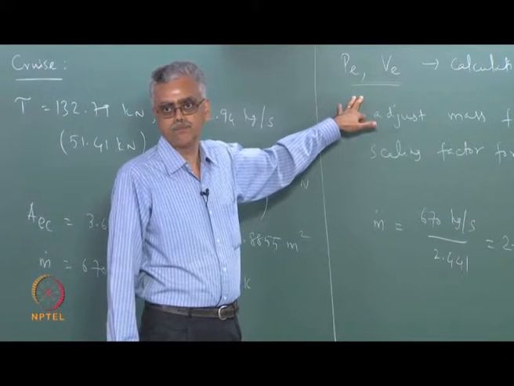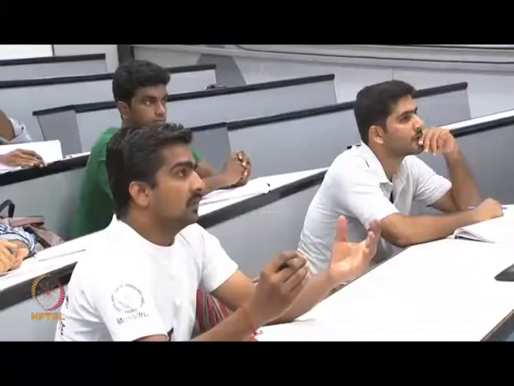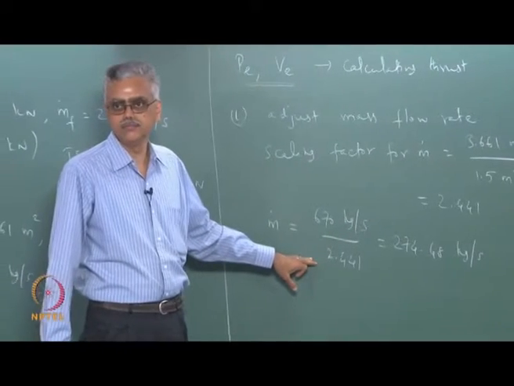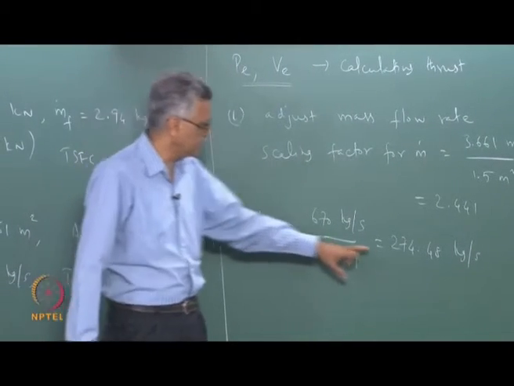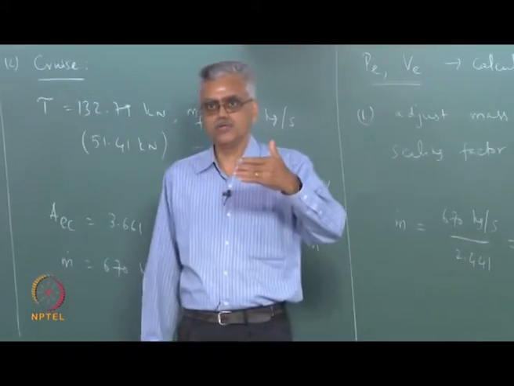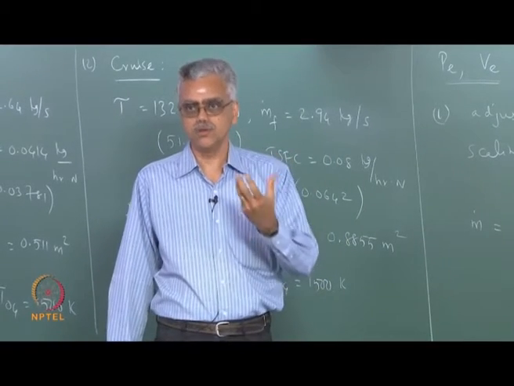Correct? So as intake is the same and exit is changed, it means the inlet mass is the same. No, what I am saying is the compressor should run at a speed such that it takes in only this much mass. So you throttle down the engine, the compressor RPM goes down, fan RPM goes down, so the mass flow rate that goes through the engine also goes down.